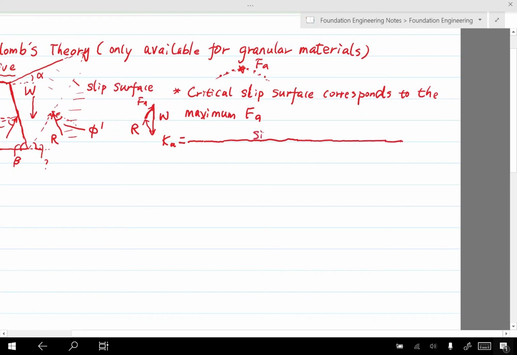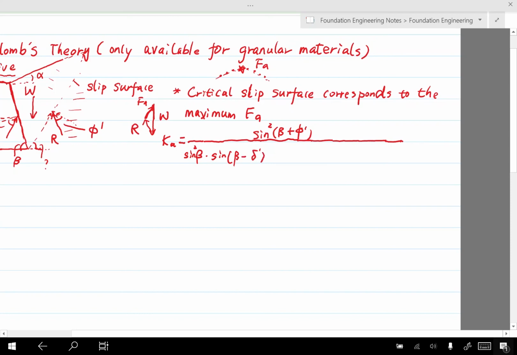The numerator is sine beta plus phi prime, squared. So beta again, that's the back inclination. The denominator is sine beta squared times sine beta minus delta prime.